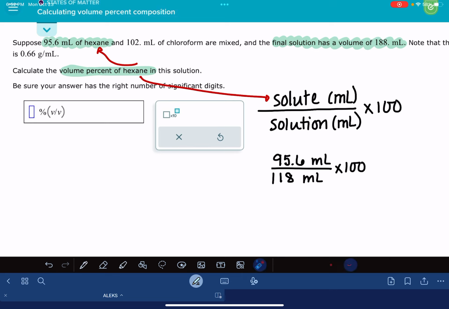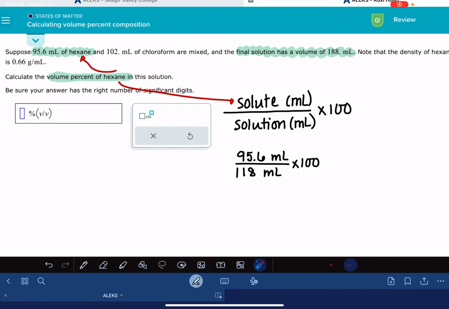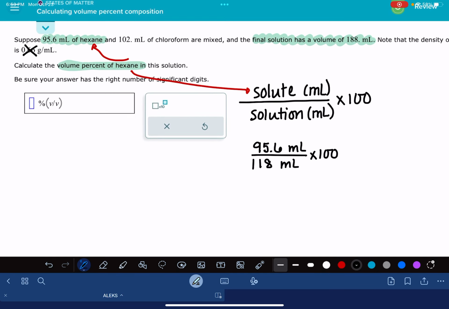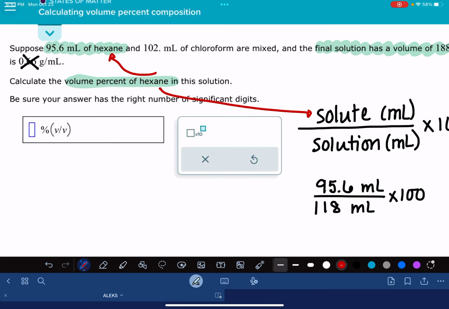Now, a couple things that you should look out for when you're solving this problem. Notice that mine tells me what the density is of hexane. That is actually irrelevant information. You don't use that information to solve this problem. I did see some versions of the problem where it gave a temperature. That's also irrelevant information. And then also, and I think this is probably the trickiest one, it gives me the volume of the other component, the solvent in my solution.